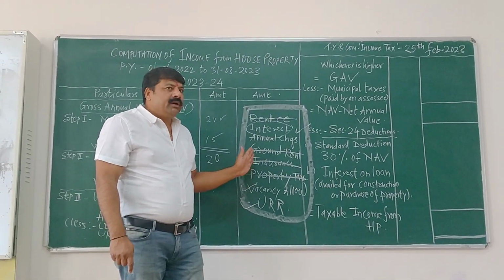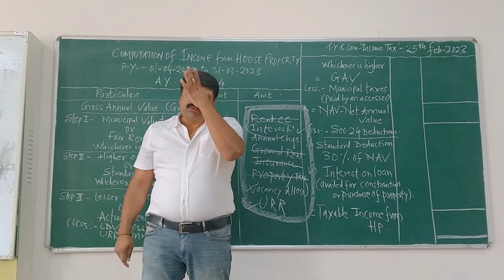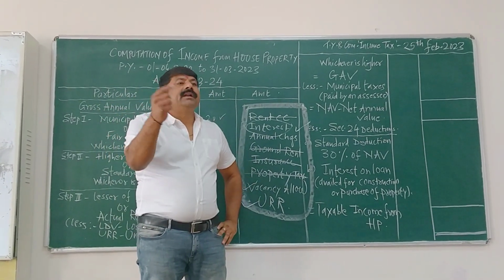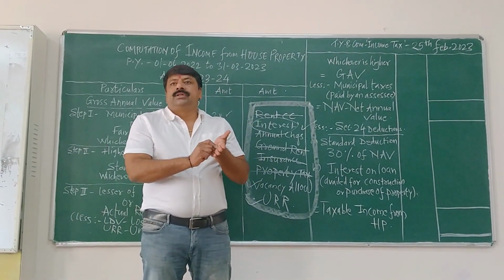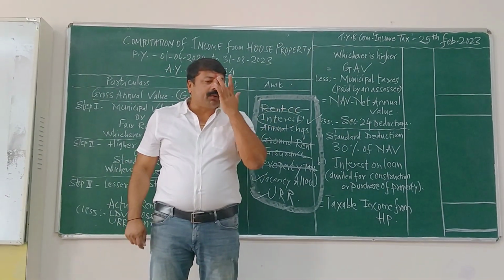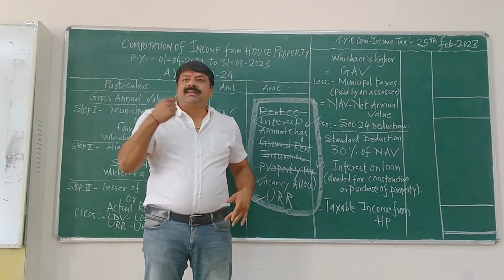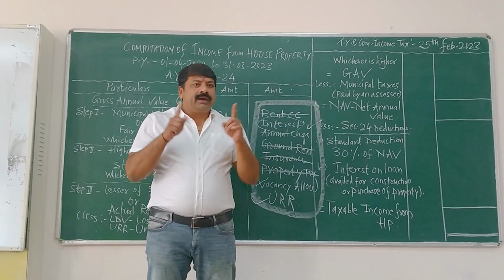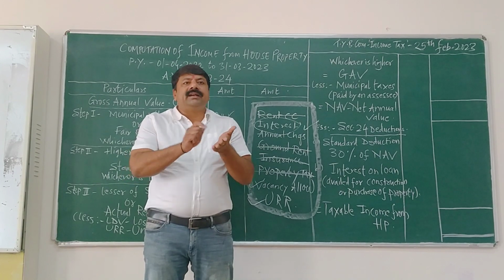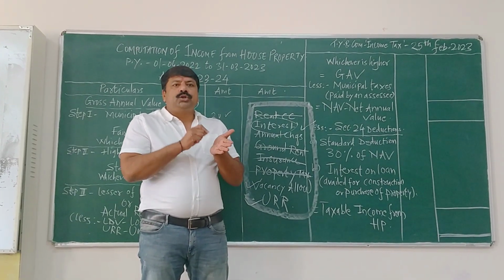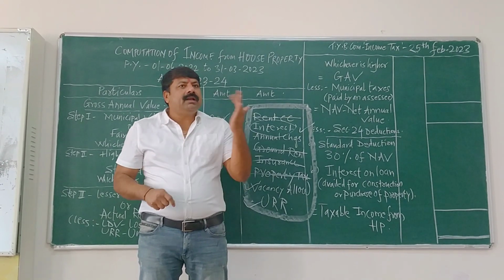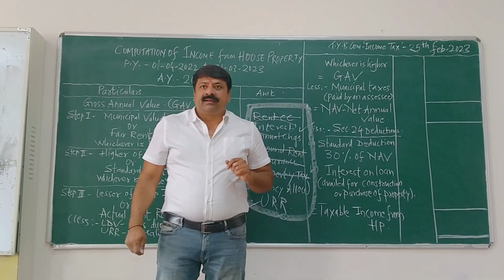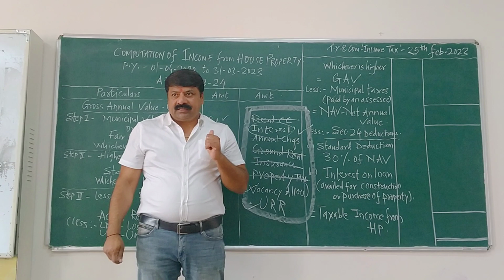What is annual charge? Annual charge is when the property is transferred, hereditary property or gifted property, there may be a charge. For example, my father has transferred me a bungalow, and it is written in that deed that I should pay rupees 10,000 to my mother every month. If I do not pay, she will go to the court saying he is not paying my annual charge.